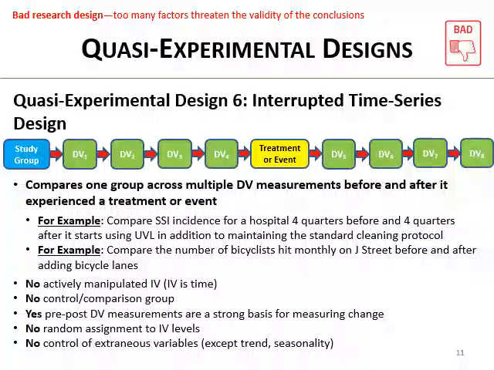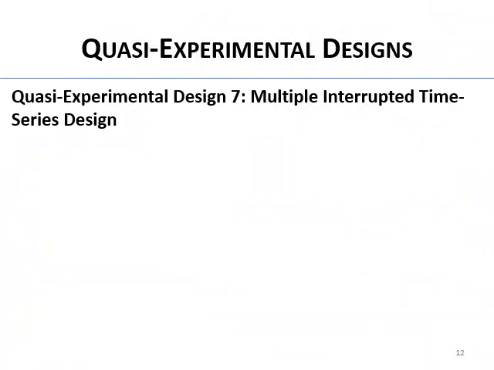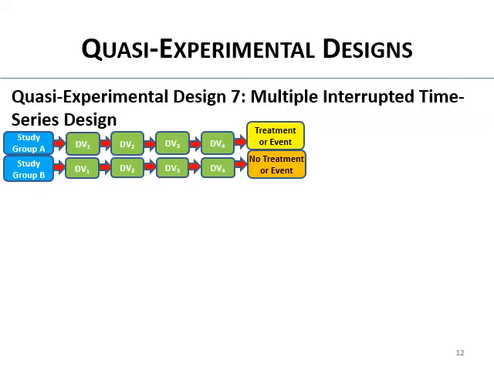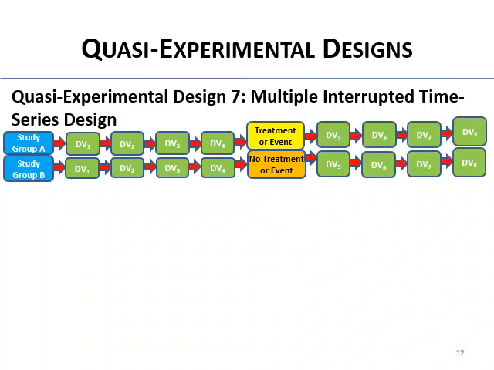So next one's better. So design 7 is a multiple interrupted time series design. So you got steady group A and B. You're measuring them multiple times on the DV. Some sort of treatment or special thing happens to one of the groups and does not happen to the other group. And you measure them multiple times afterwards. So you've got multiple pre and post.